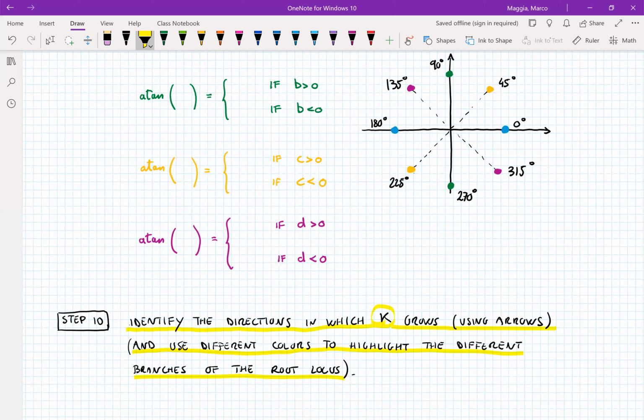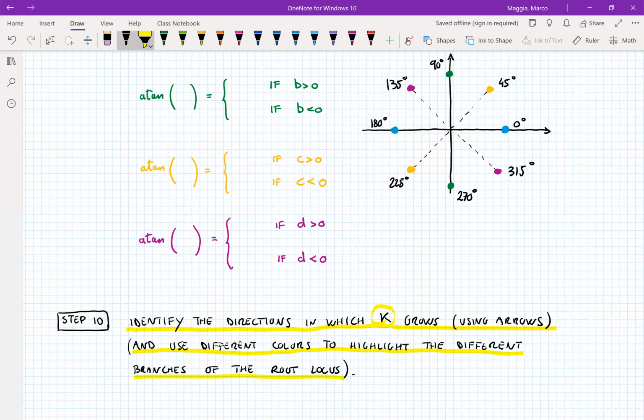So if you have 3 separate loci, then use 3 colors for the 3 branches. Just to keep in mind. It's mainly for you. And MATLAB does that also.